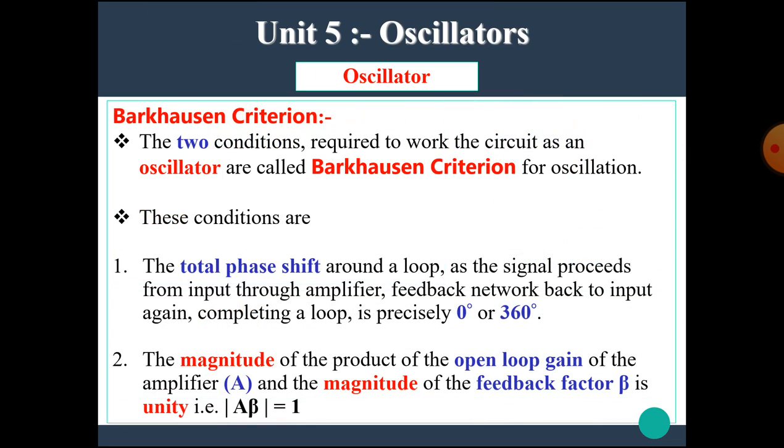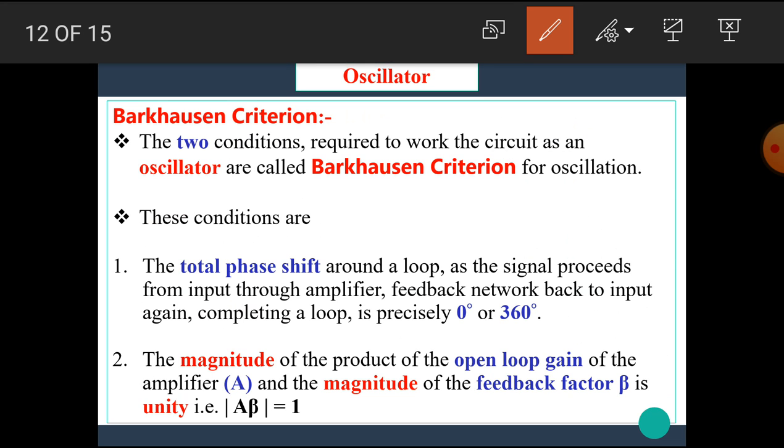This is a very important condition in the Barkhausen criteria. Let's see what the Barkhausen criteria is. The two conditions required for the circuit to work as an oscillator are called the Barkhausen criteria for oscillation.